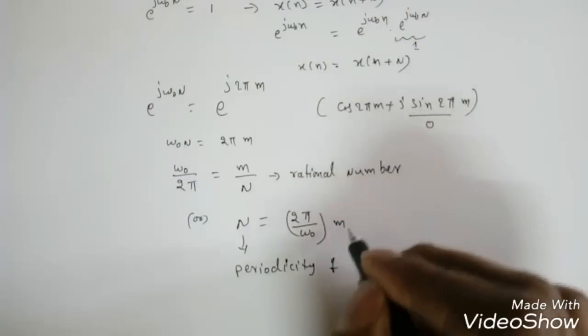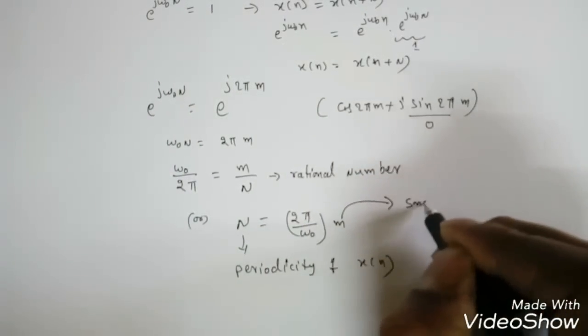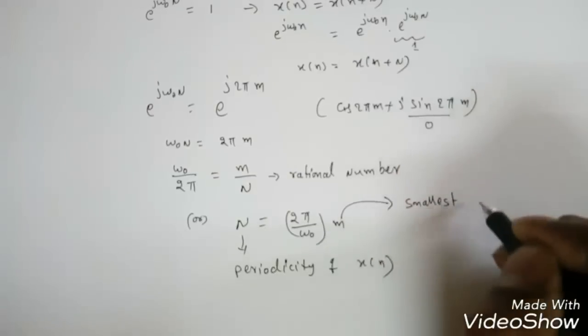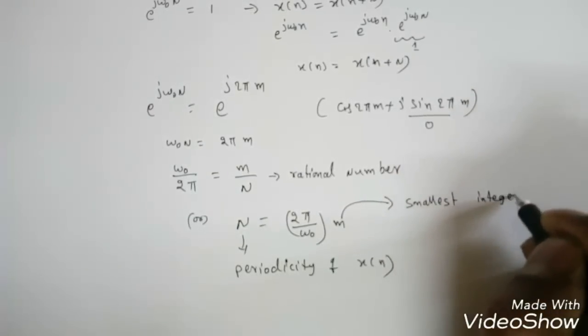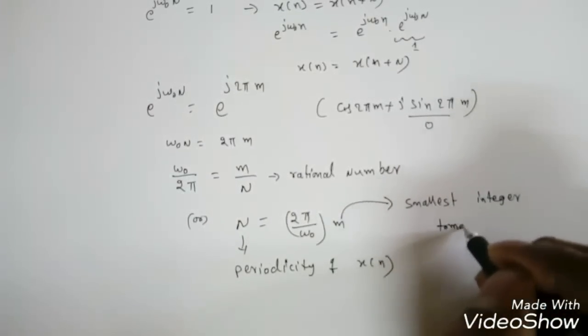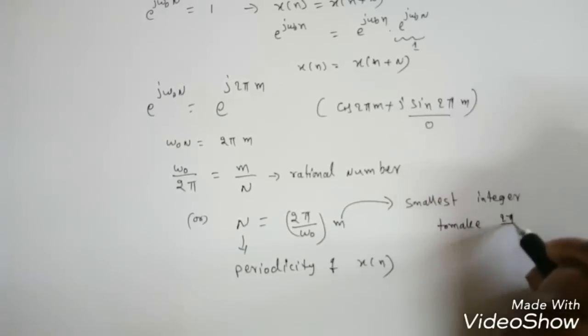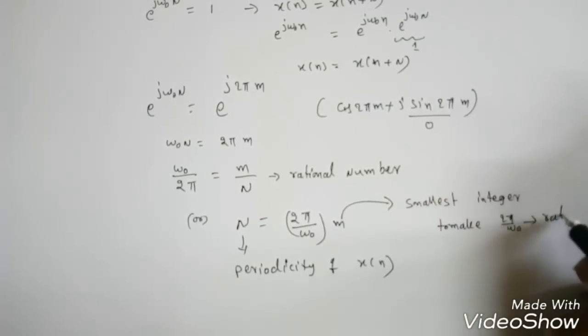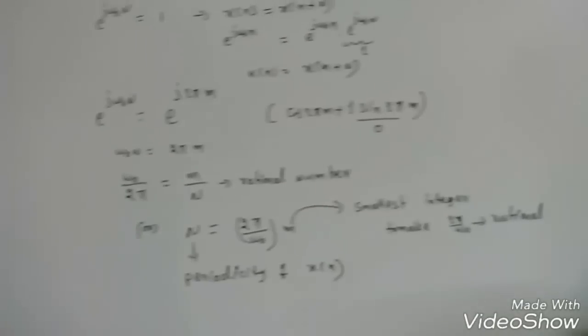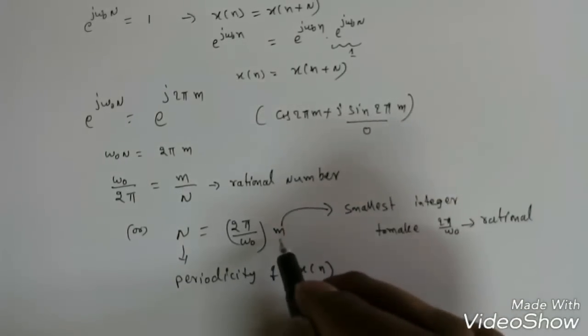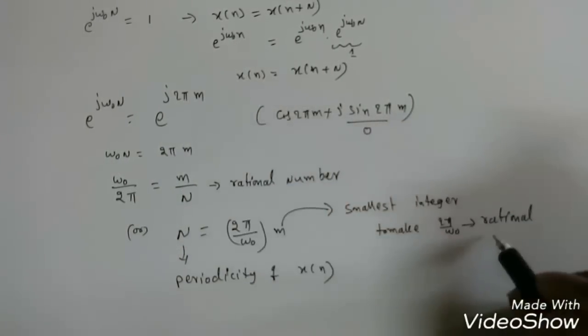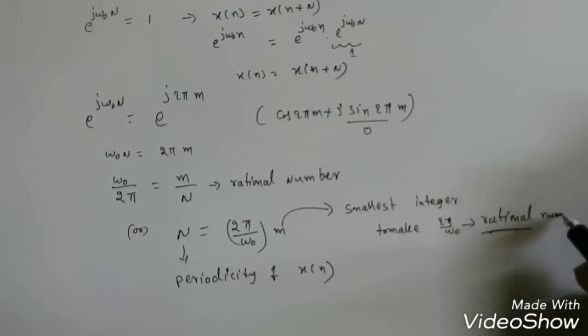right? So this is the smallest integer to make 2 pi by omega naught rational, right? So we need to take the smallest integer to make this 2 pi by omega naught a rational number, right?